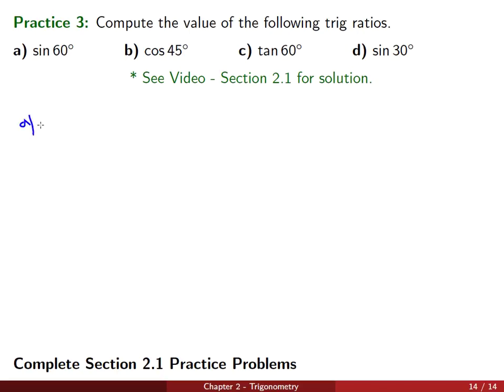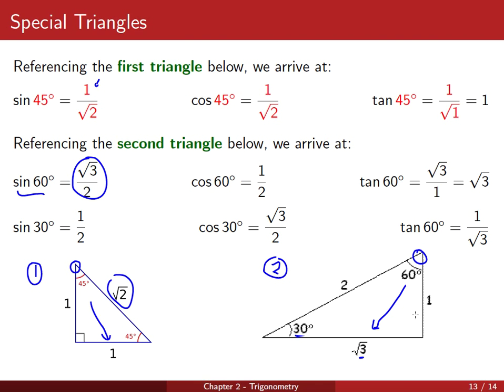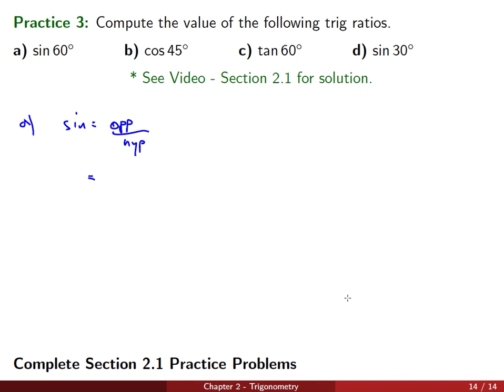So sine of 60 degrees. Okay, good start. Remember, sine is opposite over hypotenuse, which, when we look at the 60-degree triangle, we just did this question. This is √3 over 2. Cos of 45 degrees.